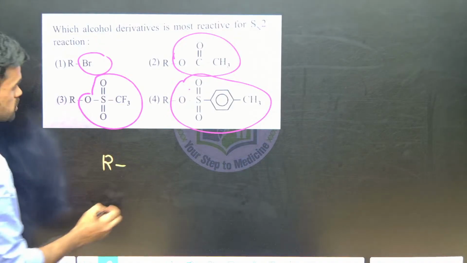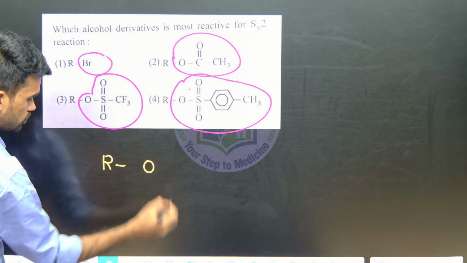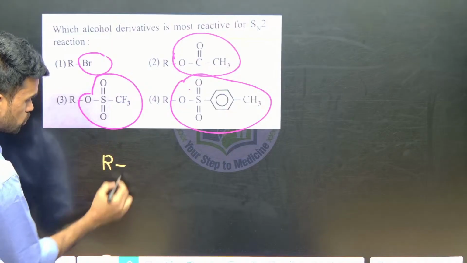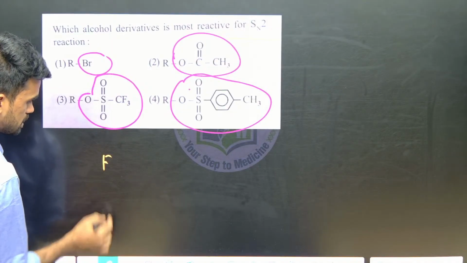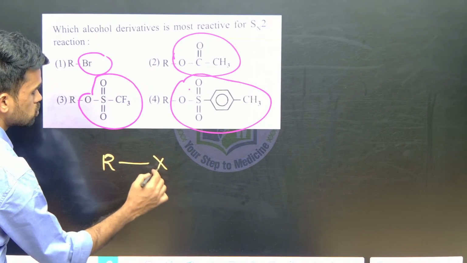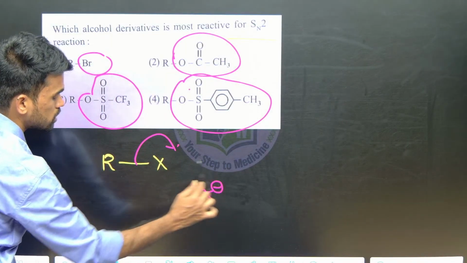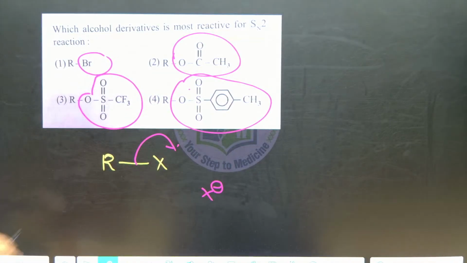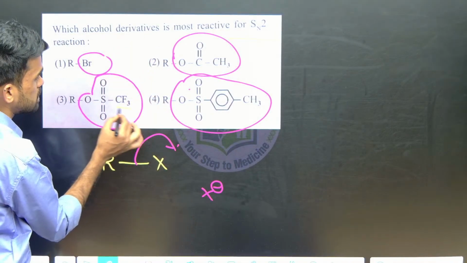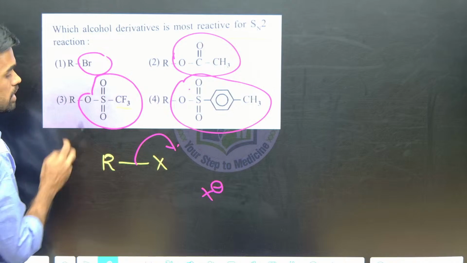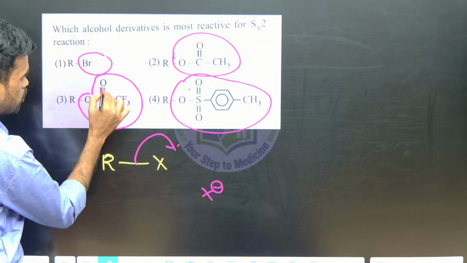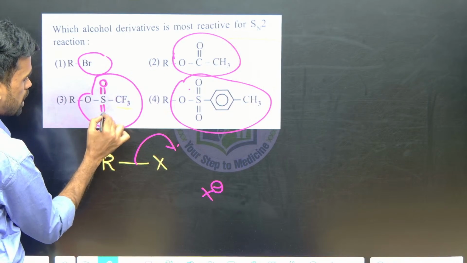Now which group comes out easily? There is some group, something like X, I am generalizing it as X. If I remove this X, whatever X minus comes out should be more stable. In this case, CF3 is there, and along with that CF3, just see here a double bond O, here also a double bond O is there.